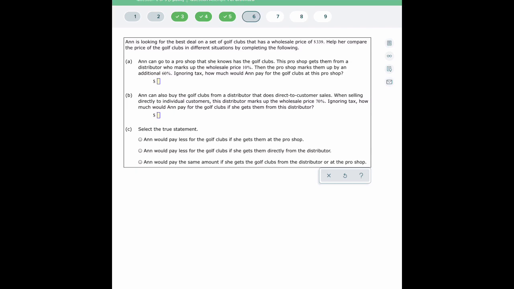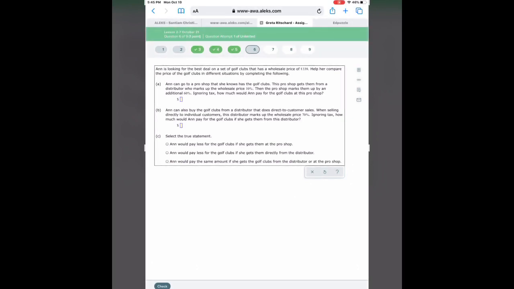Wholesale price is $339. So let's figure out $339 times a markup here. First, for 10%, we're going to multiply it by that 10%, but we also are just going to account for the $339.